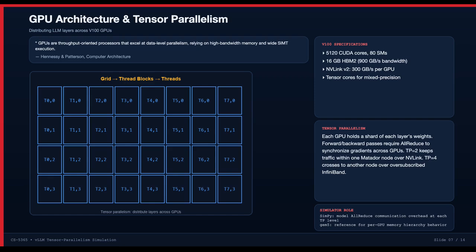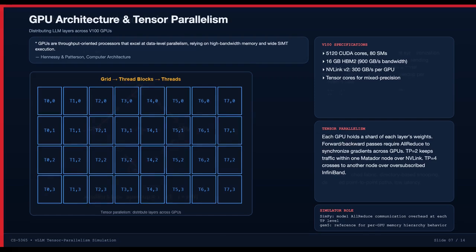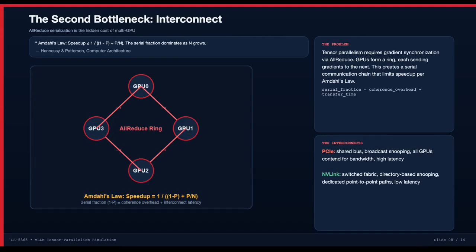So large language models require multi-GPU setups using tensor parallelism, which partitions matrix multiplication across multiple devices. Each GPU holds a shard of each layer's weights, and the forward and backward passes require all-reduce operations to synchronize. So in this slide, a way to demonstrate visually the major difference between PCI Express and NVLink is the interconnect between the GPUs.